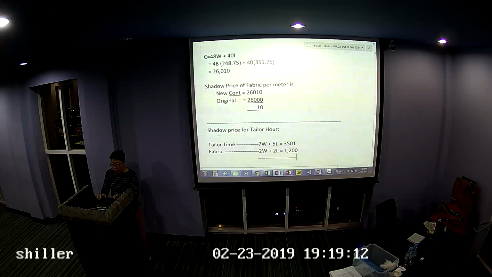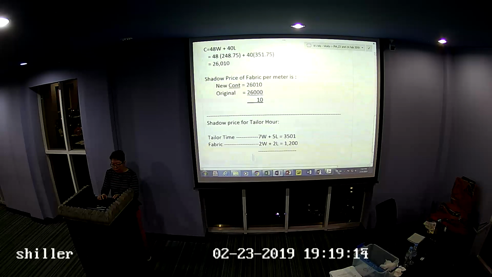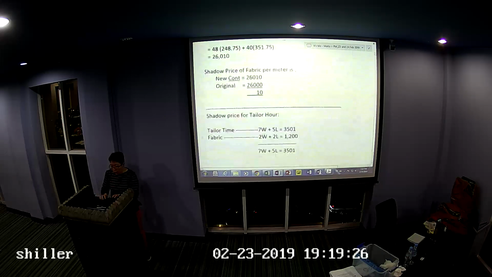Similar to earlier, we multiplied it with 2.5, correct? So it will be 7W plus 5L equals 3501. Then this one becomes 5W, we multiply by 2.5, plus 5L equals 3,000, because there's no extra one. Agree?